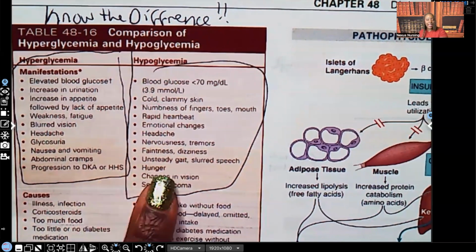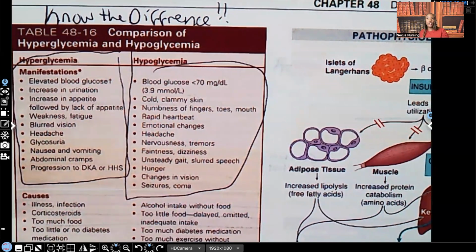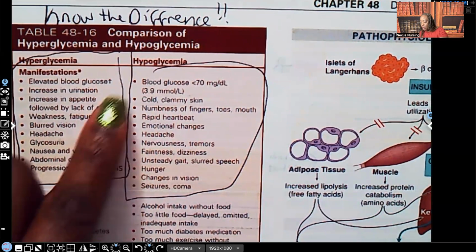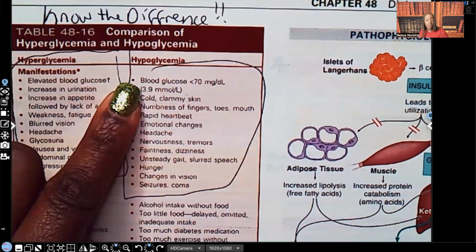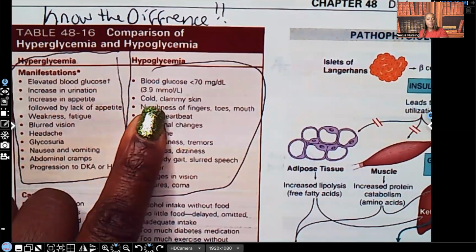Now look at hypoglycemia, when the patient's blood sugar is too low. Remember, the blood sugar is supposed to be 70 to 110. Hypoglycemia, blood sugar lower than 70. Cold, clammy skin.